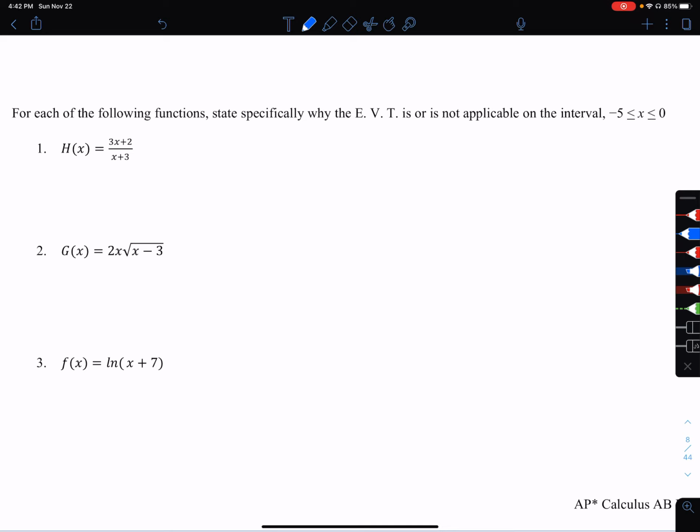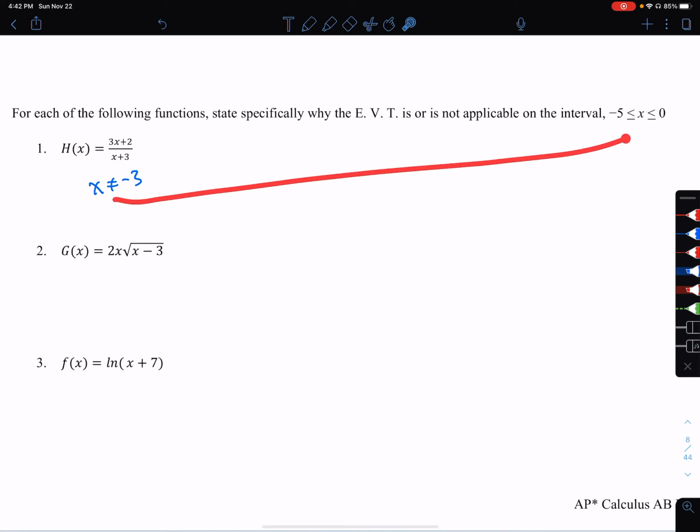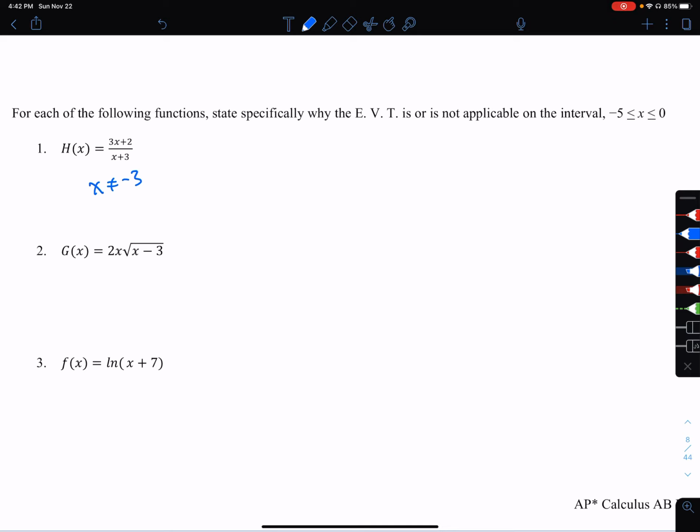Well, if you look at this first one, hopefully you remember from pre-calculus, this is going to have an excluded value at -3. This function's not defined at -3 because the denominator is x plus 3, and -3 is in this interval. That means this function is not continuous. In order for the extreme value theorem to apply, you have to have a continuous function. So we could say x cannot equal -3.